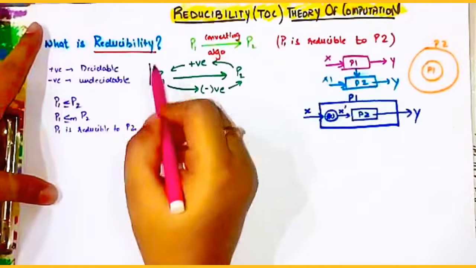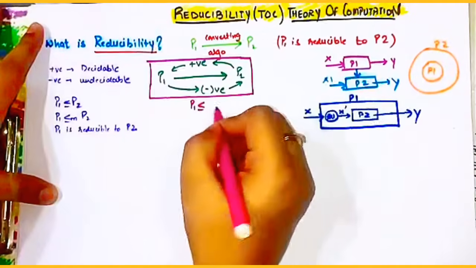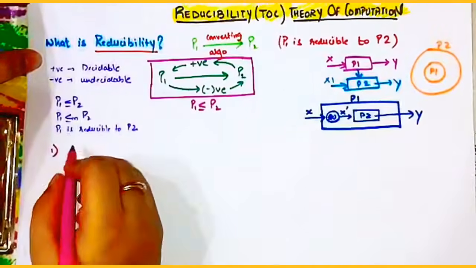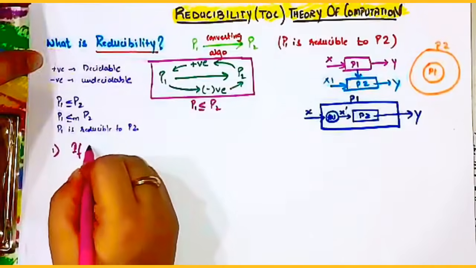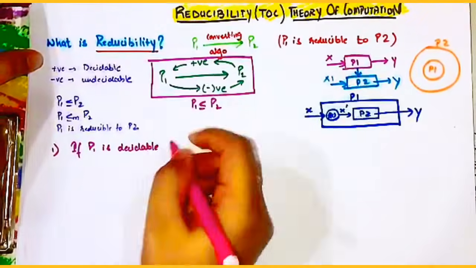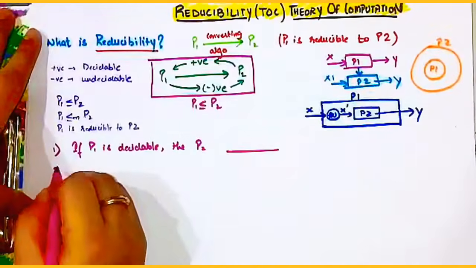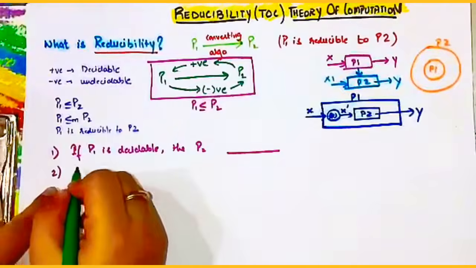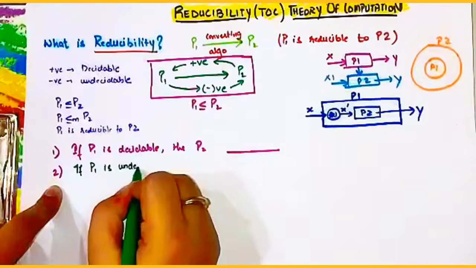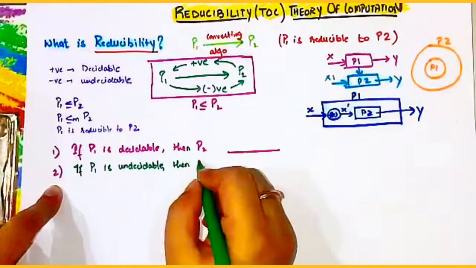So consider this situation where P1 is reducible to P2. Now there are 4 cases possible. First, if it is given that P1 is decidable, then what about P2? Second, if P1 is undecidable, then what about P2?